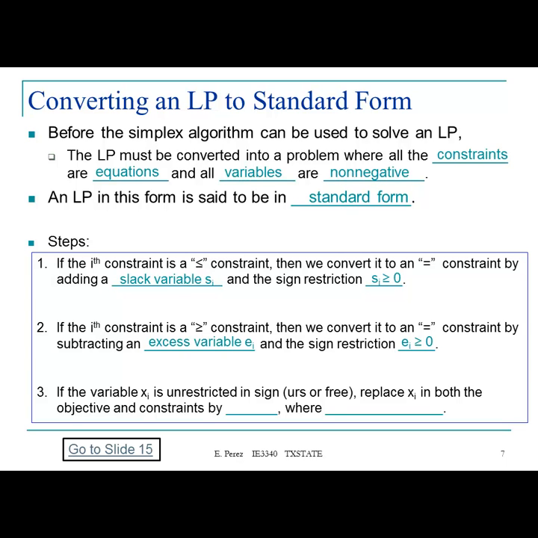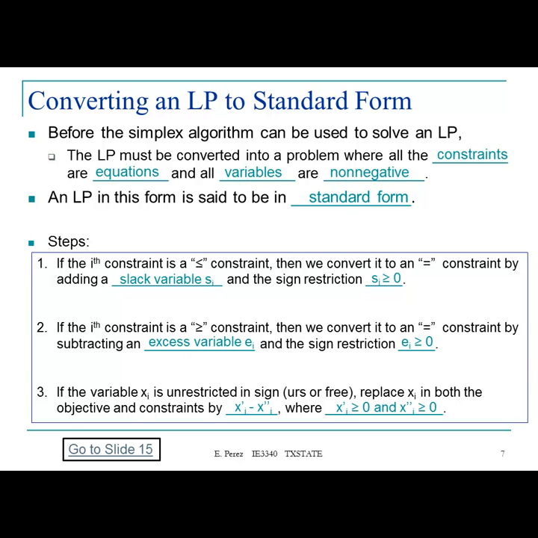Now, we can also have variables with unrestricted signs. This variable can take negative or positive values, so that's what we call an unrestricted sign variable. You can replace that variable using x_i prime minus x_i double prime in your formulation, and then make these two new variables greater or equal to 0.